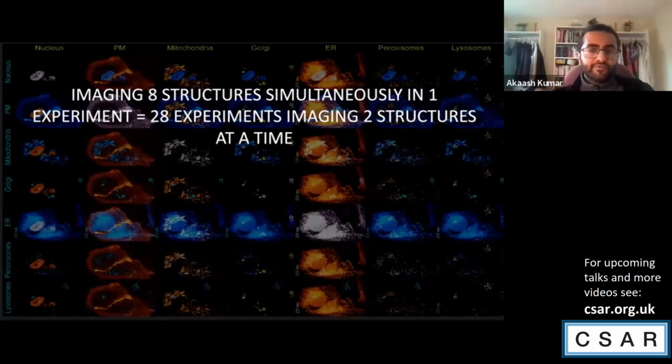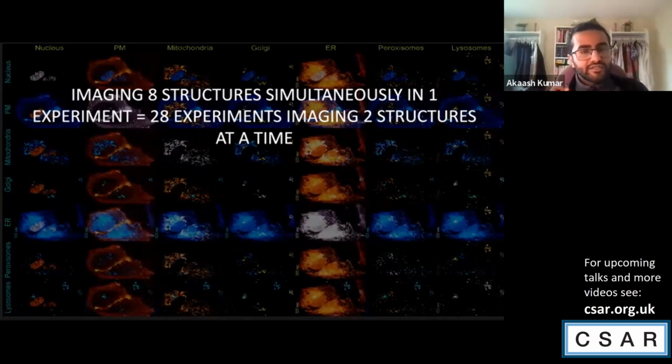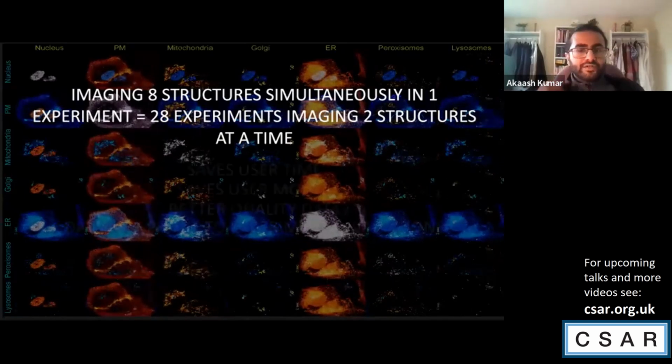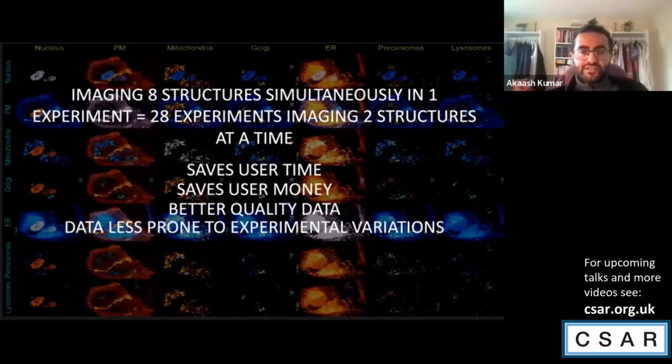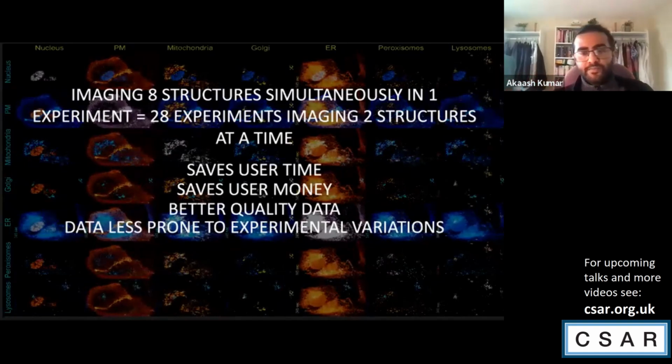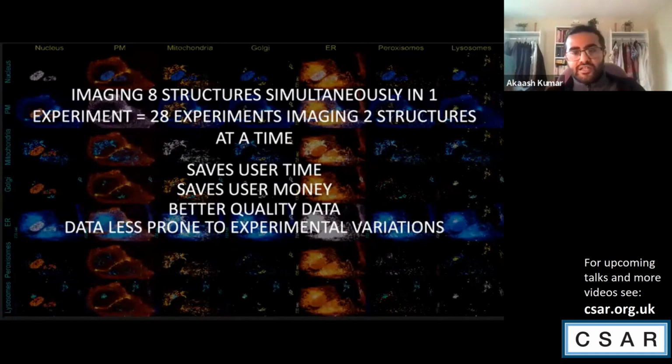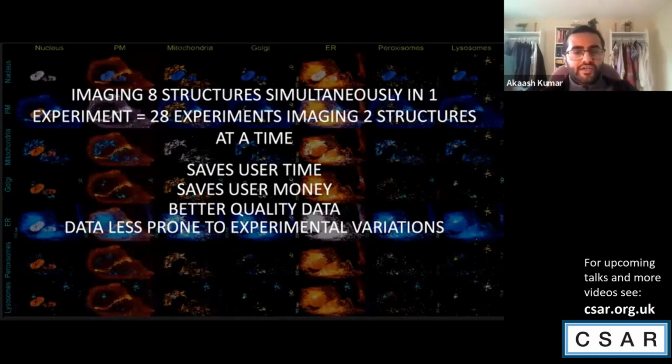And each experiment would be slower because you would acquire the data sequentially. So ultimately, my technology saves the user time and money and gets them more information of better quality. Also, because all of this data derives from a single experiment, the user is less likely to suffer experimental variations. So this is a more robust, reproducible technique.